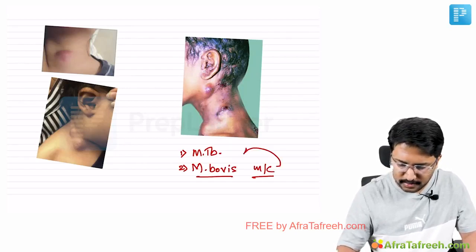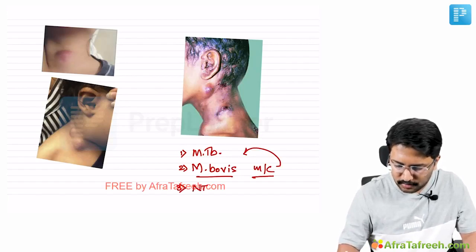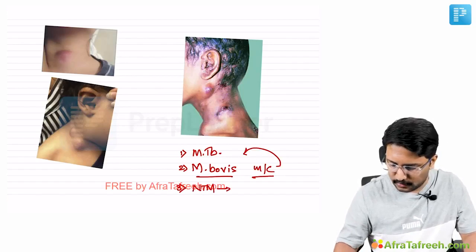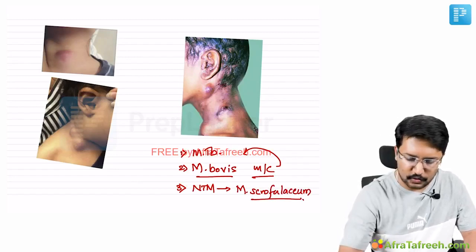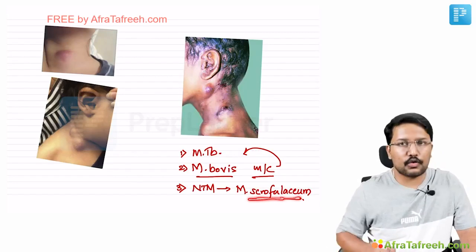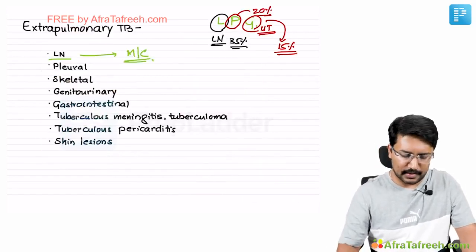Now it has been replaced by MTB. Apart from that, there is also a non-tubercular mycobacteria that can cause it, that is Mycobacterium scrofulaceum. The name itself gives out the clue. Mycobacterium scrofulaceum can also present with scrofula and scrofuloderma. Right? Clear? So that's about tubercular lymphadenitis.